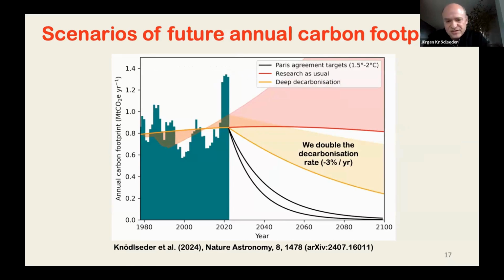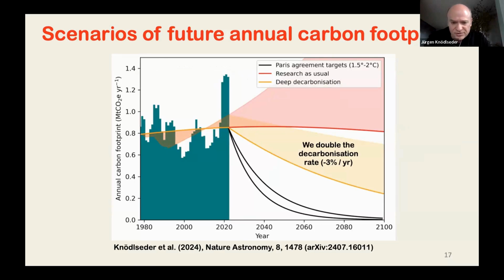This is quite ambitious already because it means really a lot of investment. Then the carbon footprint goes down, but it just goes down too slowly. We're still much above the Paris Agreement trajectory. So that will not help us to really fix climate change.